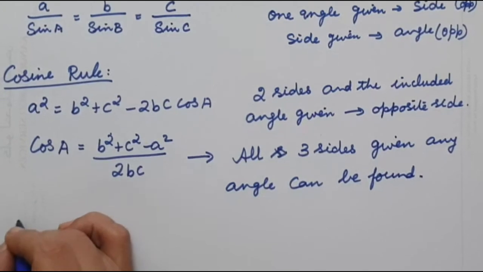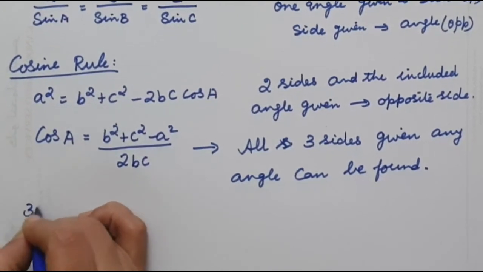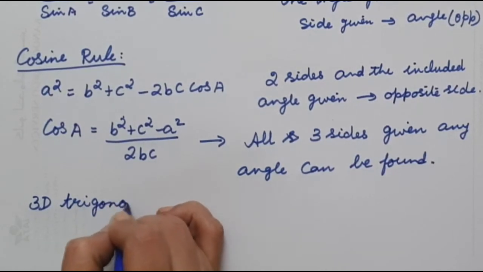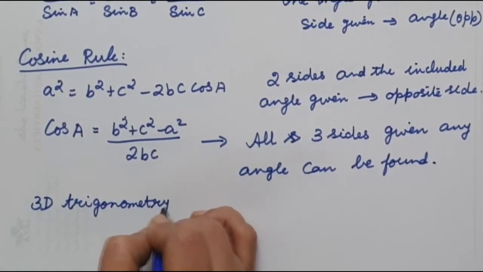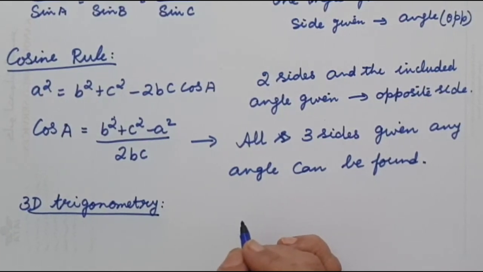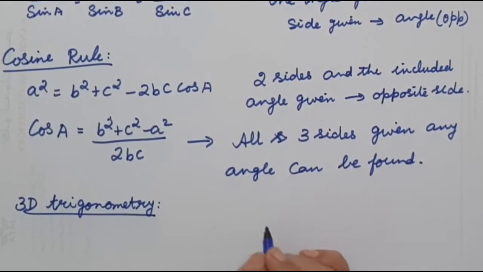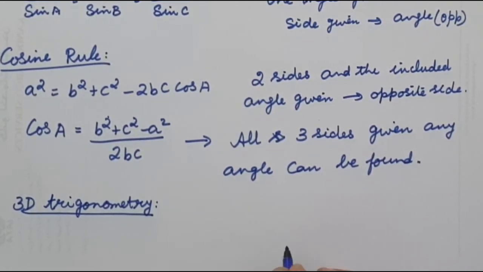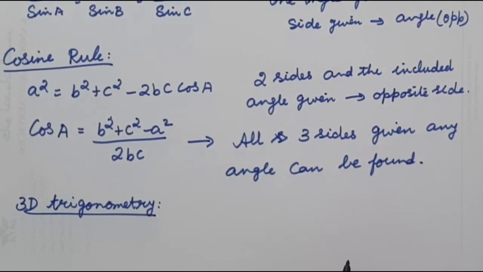Last thing is trigonometry, 3D trigonometry. For using trigonometry in 3 dimensions, for any solid shape, we need to find a triangle and draw the triangle and write out all the known measurements.